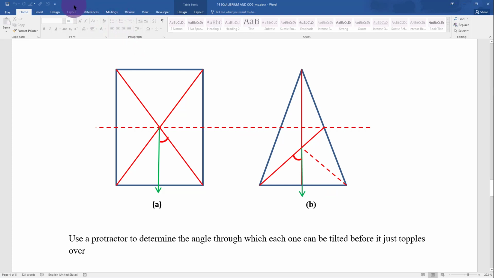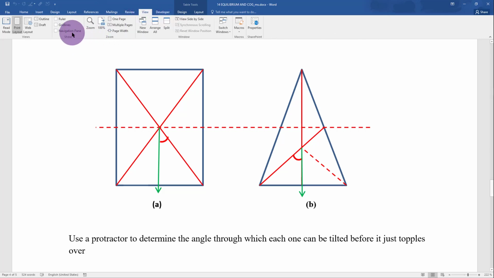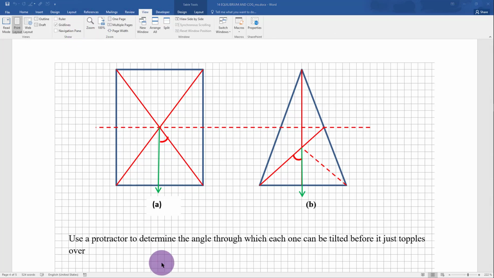Let me just insert a grid into this system here so that you can see what I'm talking about. Now we have a grid. Let's see how many squares this base occupies.